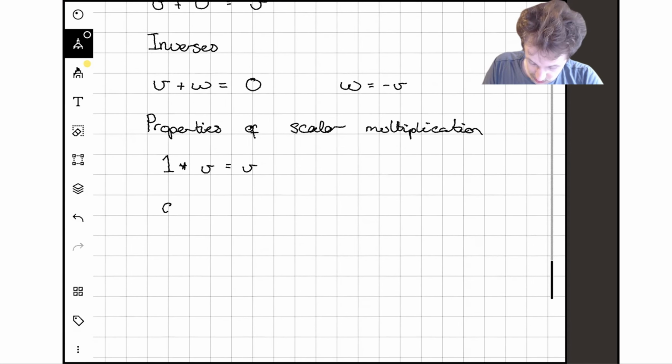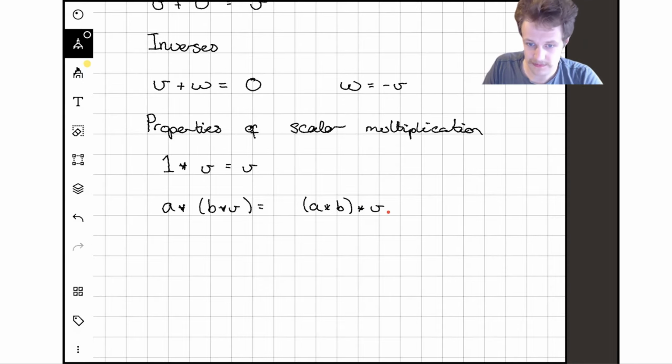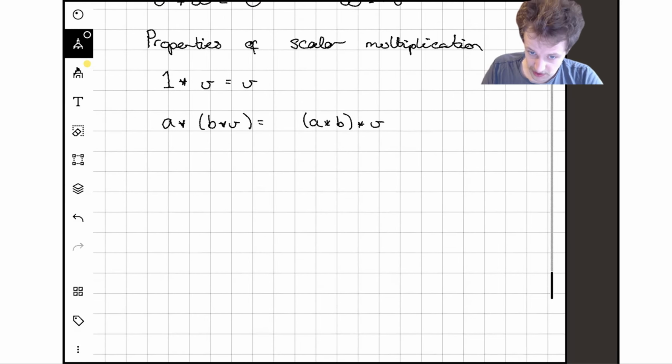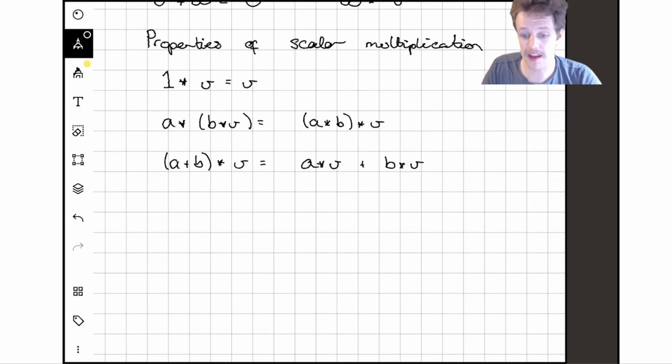The second rule is that a star b star v is the same as doing a times b, then timesing the whole thing with v. And then finally we have the rule that says if we do a plus b star v, we get a times v plus b times v. So it allows us to expand out brackets.